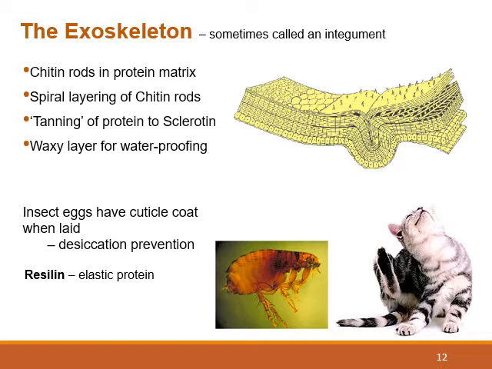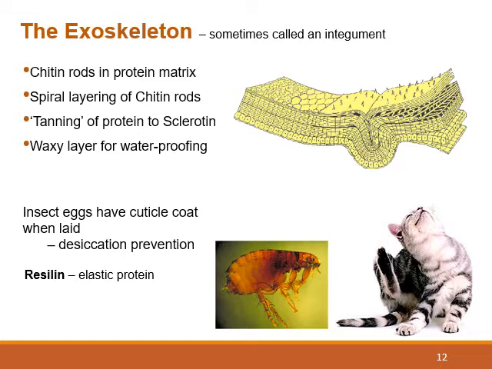Often there will be this layer of wax molecules on the surface of the exoskeleton, which makes the exoskeleton waterproof. And additionally, insect eggs even have this protective cuticle coat when laid, which prevents desiccation or drying out in the eggs.